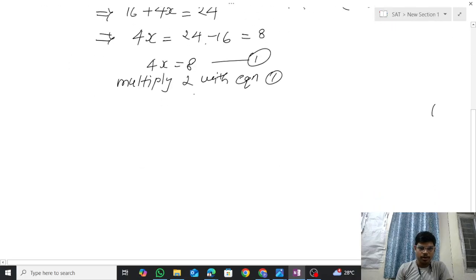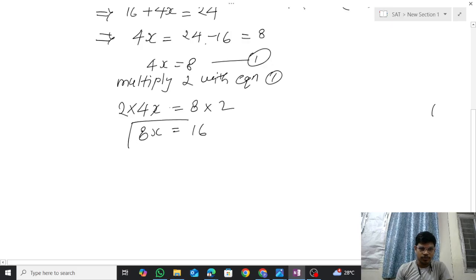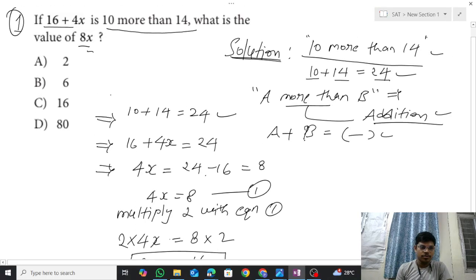Equation number 1 is 4x equal to 8. We multiply by 2 on both sides, so 8x is equal to 16. So the value of 8x is 16. I hope this is clear to you. So option C is correct.